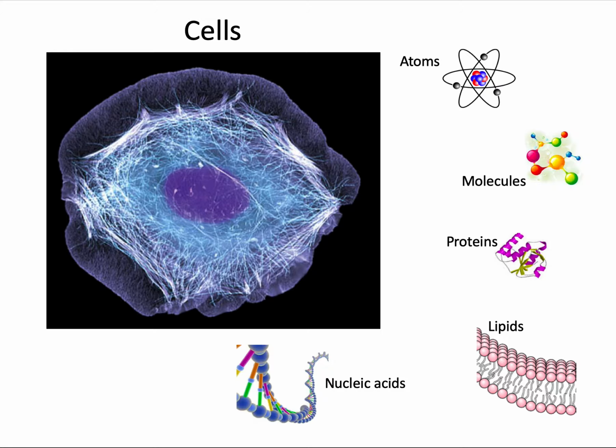Cells generally, which are the basic building blocks of our lives, are made up of atoms that have combined to form elements that have come together to form molecules, and then macromolecules such as proteins, lipids, and nucleic acids.